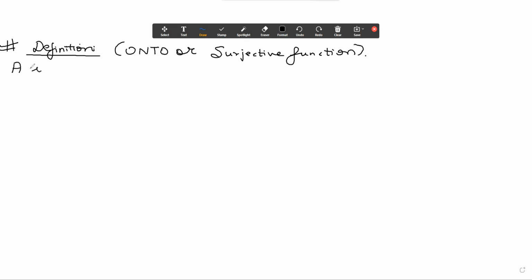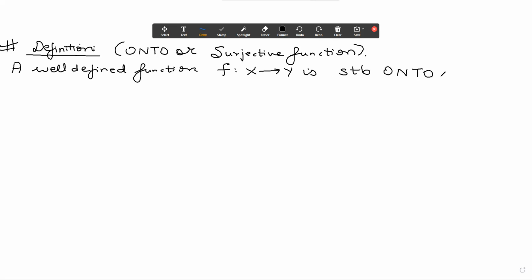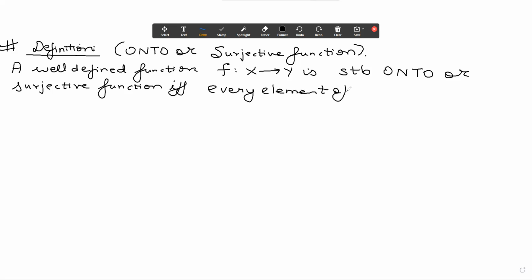So a well-defined function f which maps x to y is said to be an onto or surjective function if and only if every element of the set capital Y has a pre-image.